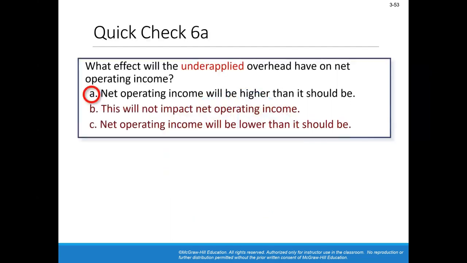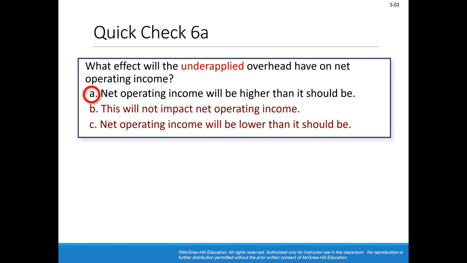They don't have the example with the over, but let's say it's overapplied. So what happens then? When I brought the number in for the cost of goods sold, I had too much. I applied too much cost. So the entry that we just did is reducing that cost of goods sold. Since we're crediting the cost of goods sold, that means I'm lowering the cost. If I look at my income statement before I do the entry, I see my net operating income.